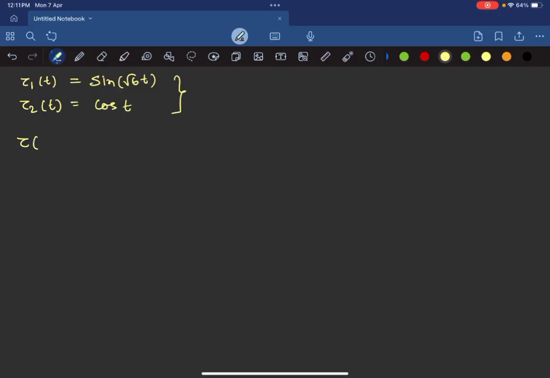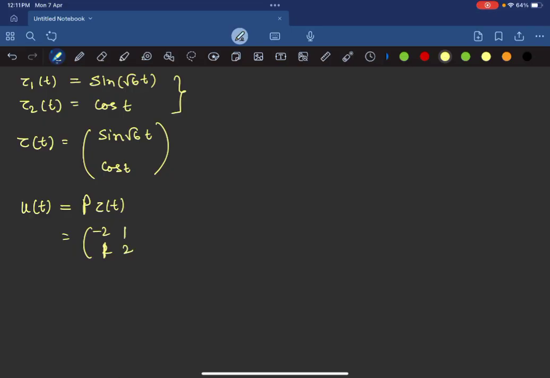So that is zt, we can write sine root 6t, cos t, and ut, this is our target, p zt. Now p already we know, minus 2 1, 1 2, and here we have sine root 6t, cos t.